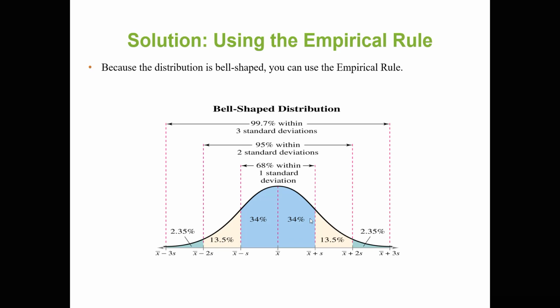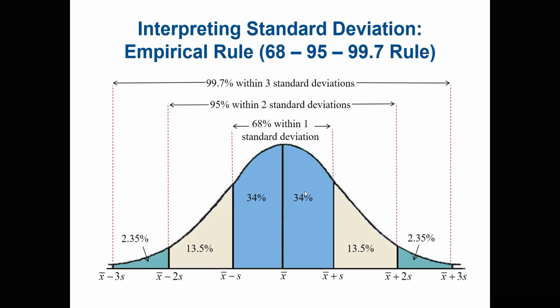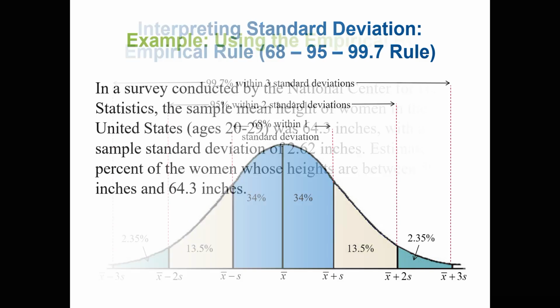So you can see here you have the 64.3. It means we are somewhere here, and it also means we are deviating to the left, and we want to understand by how many standard deviations.